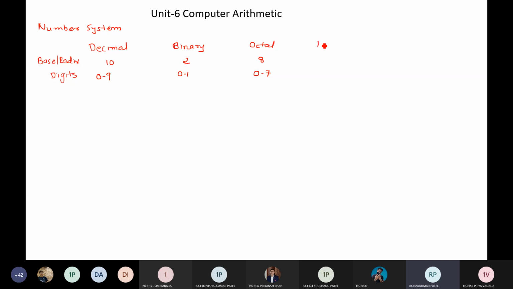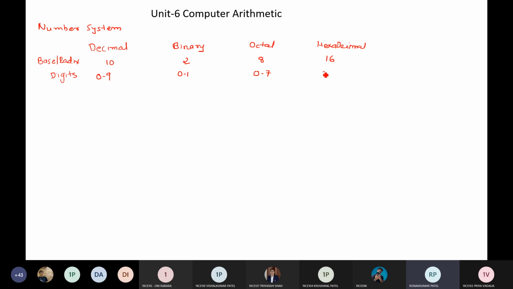Then hexadecimal. This is base 16, so it means 0 to 15, but 15 is itself a combination of digits like 1 and 5.